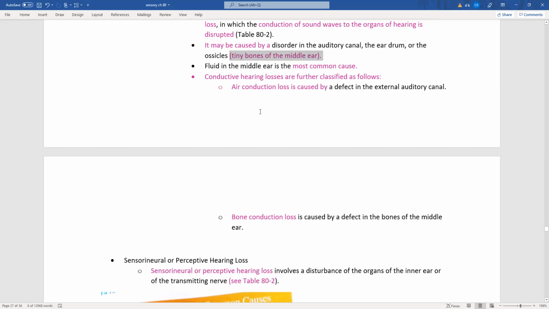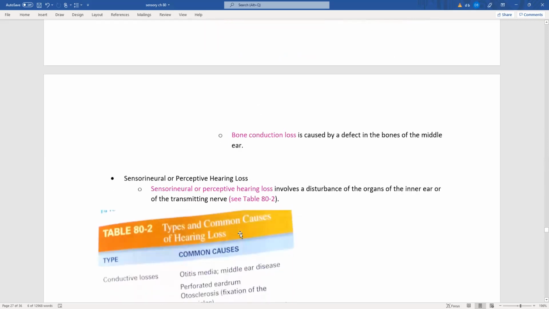So that's common sense. The key word is bones of the middle ear.